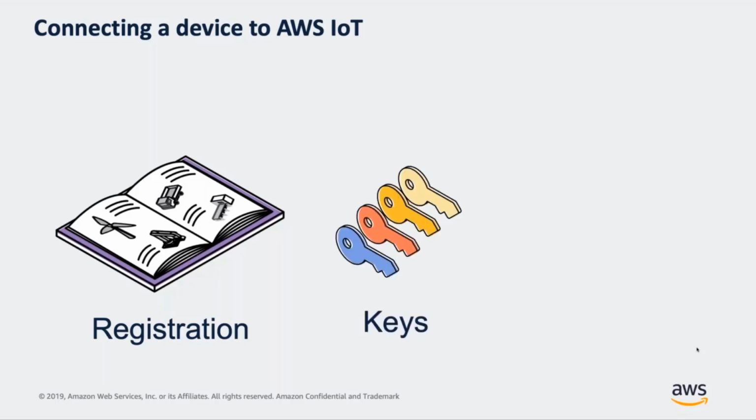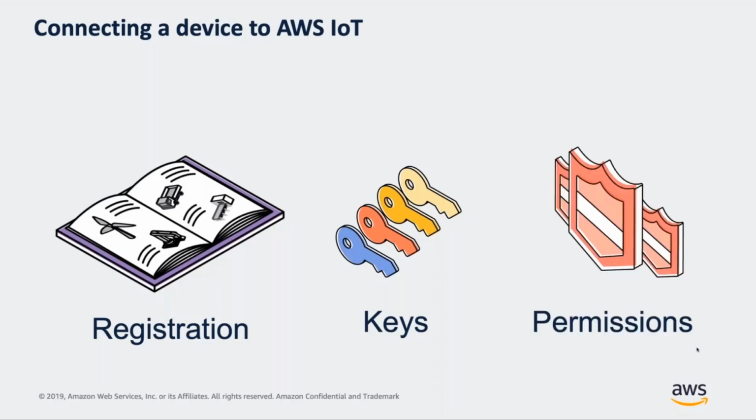Then you'll need some sort of security keys so that your devices are properly authenticated. Now, these security keys can be either generated by AWS IoT or you could bring your own security keys, but you'll need some sort of security keys to authenticate your devices. And then finally, you will need to associate a set of permissions which dictate all the things your device can do.